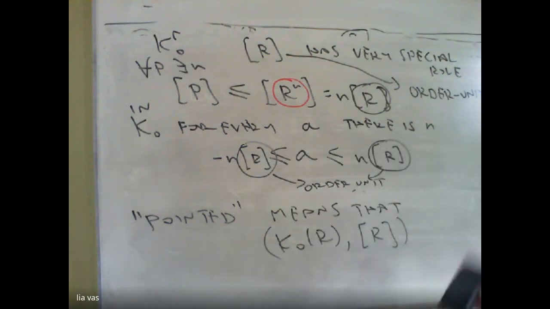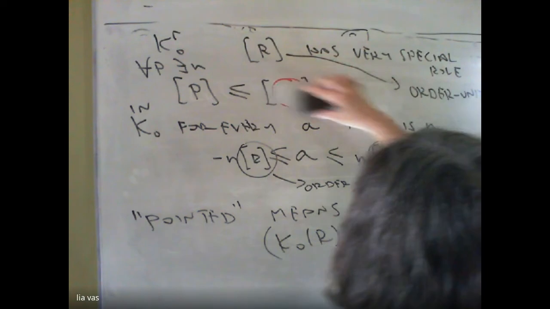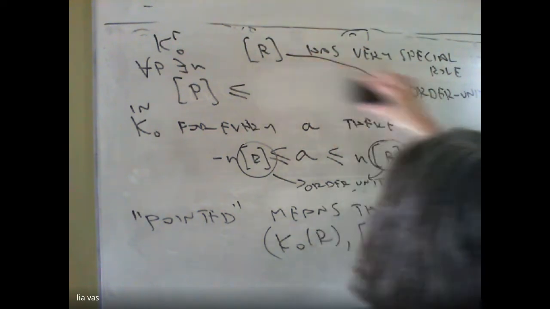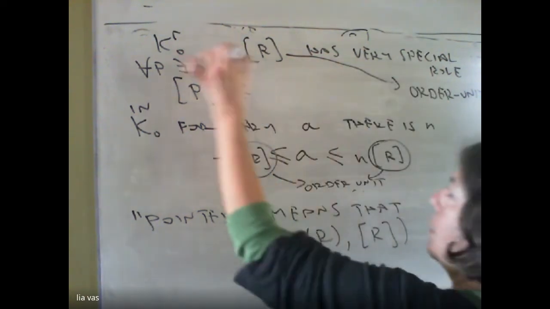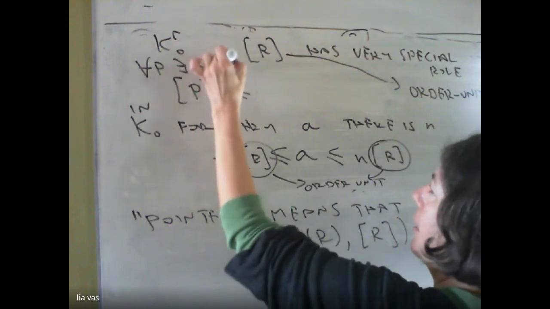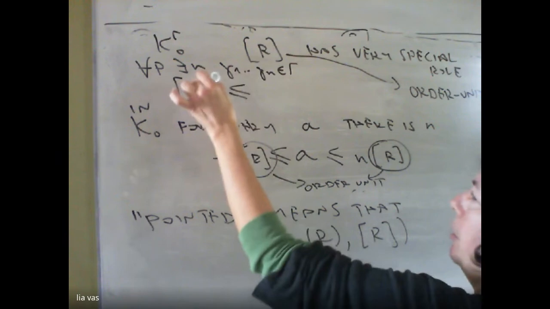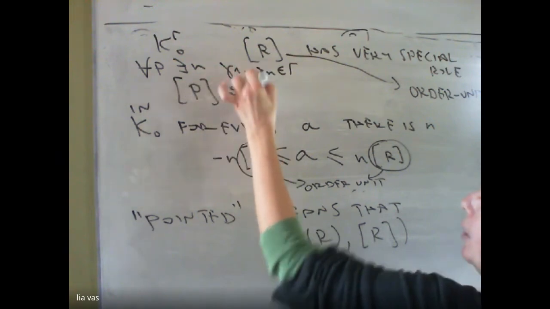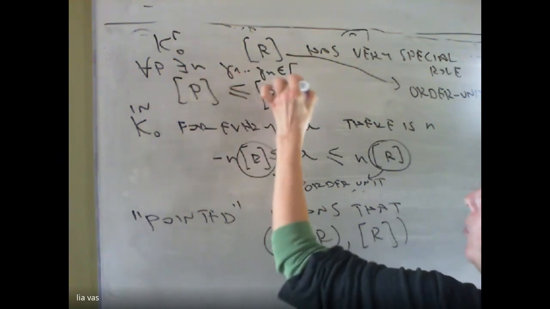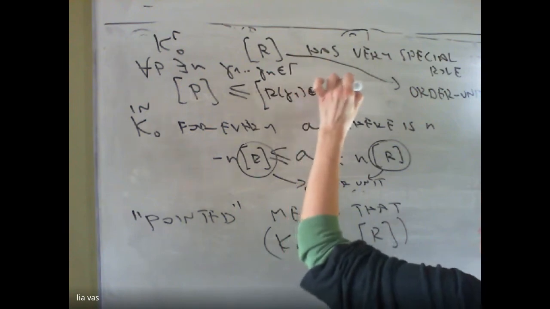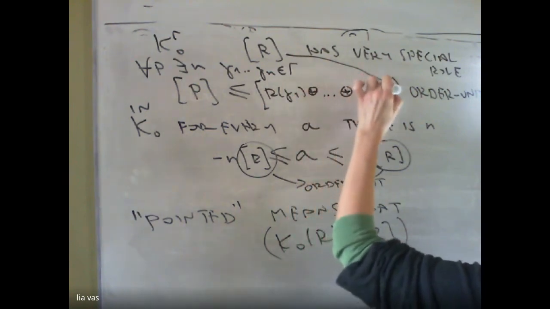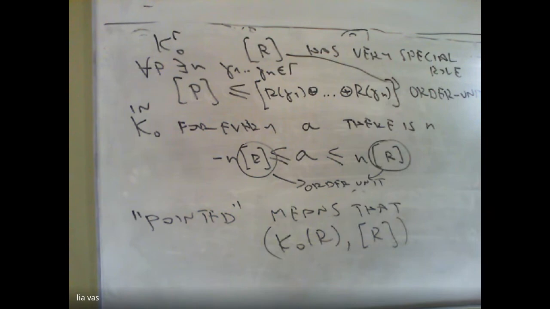So the only thing that I have to change in my definition here is how this side looks, right? So there is n, and there are gamma 1, ..., gamma n in your gamma, such that P is a direct summand of R(gamma 1) plus R(gamma 2) plus ... plus R(gamma n). That's the only difference, right?